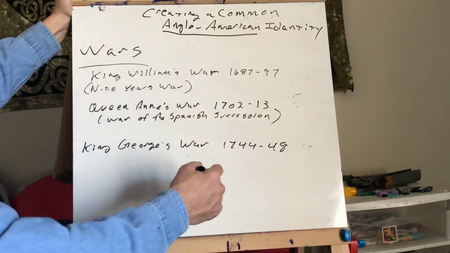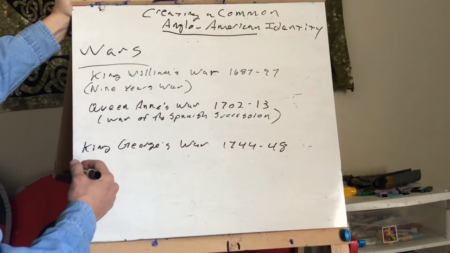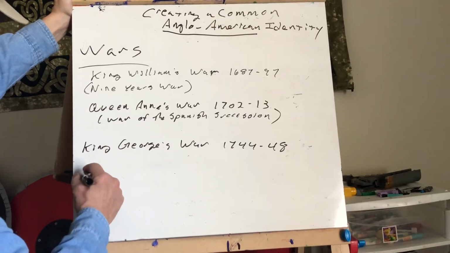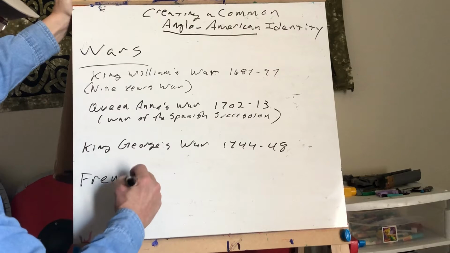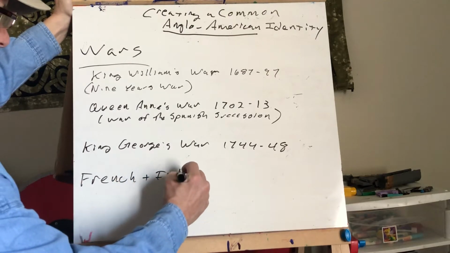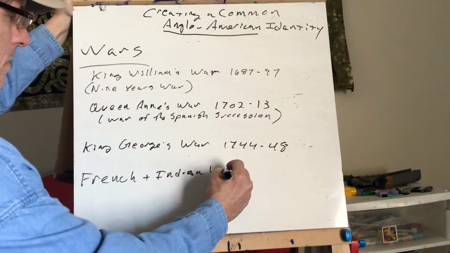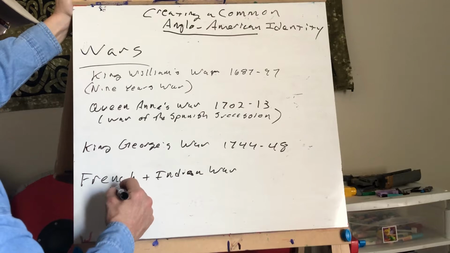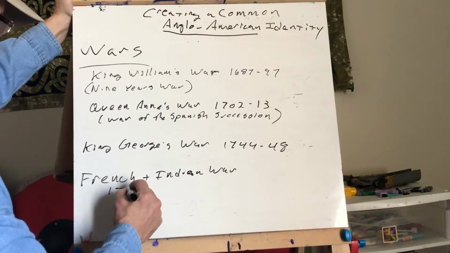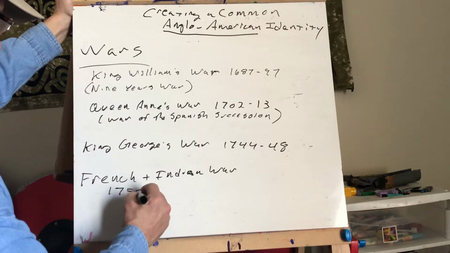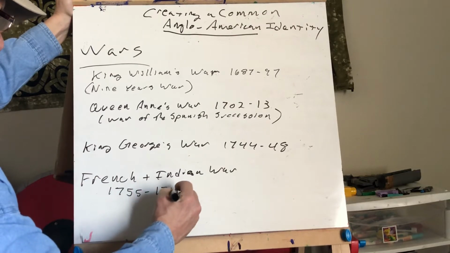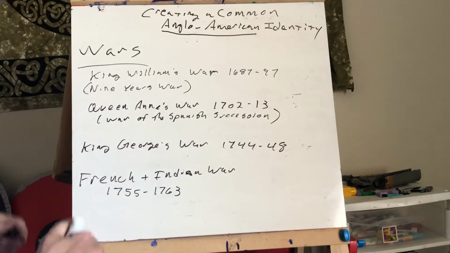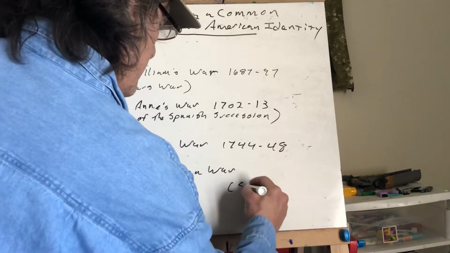So a lot of this fighting is going to be in the Caribbean as well as the frontier of North America. Of course, the biggest one is going to be the French and Indian War, which is called the Seven Years' War in Europe.